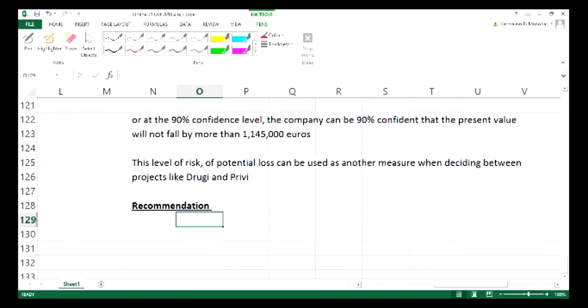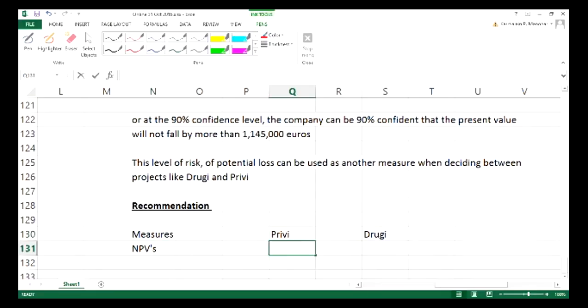So measures, Privy, Druggy. So we had the NPVs, which were calculated for us.